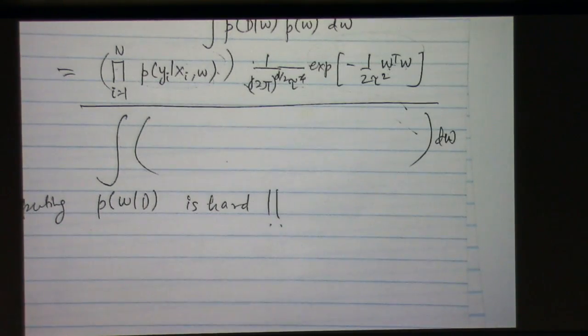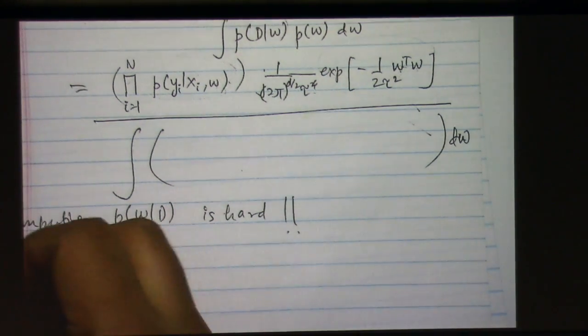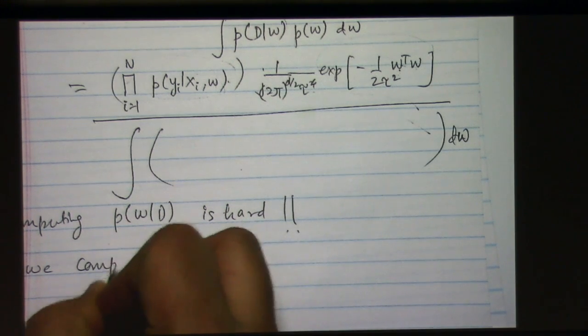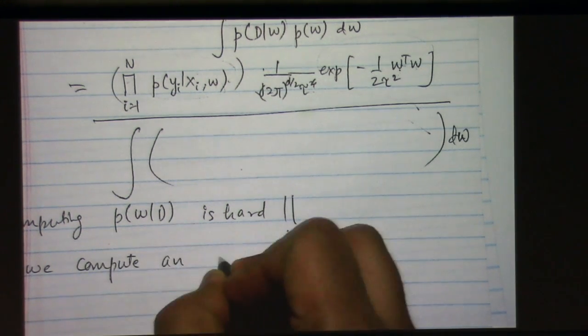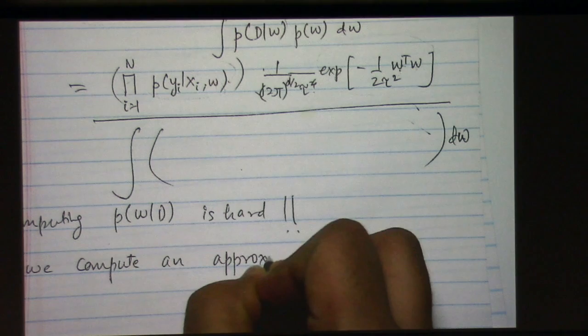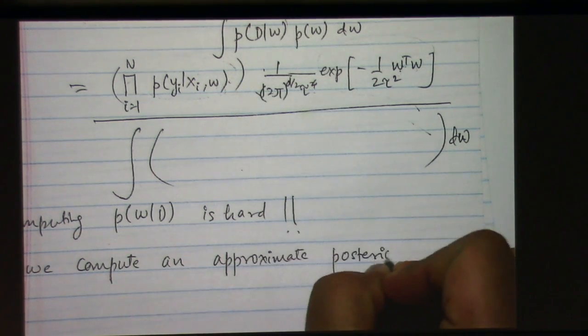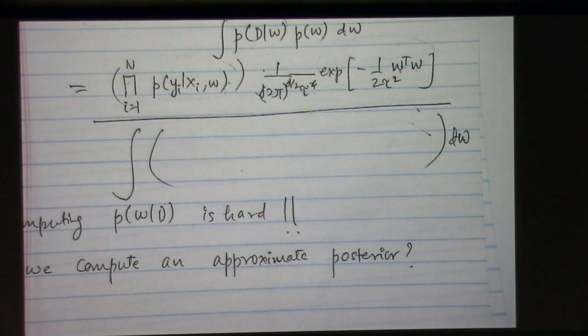So now how do we compute this? That is what we call: can we compute an approximate posterior? That is the question. We can't compute the posterior because we are not evolved enough to solve these hard integrations.